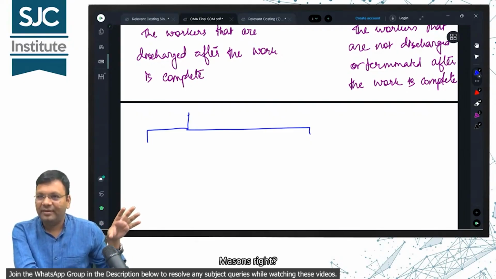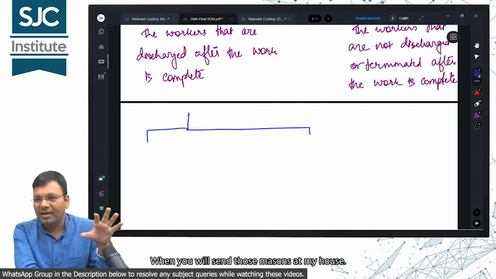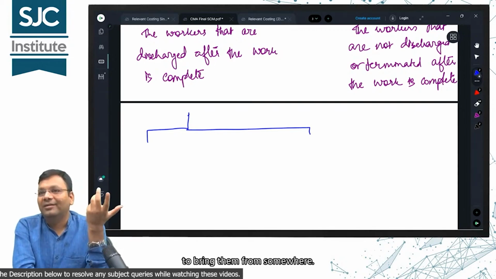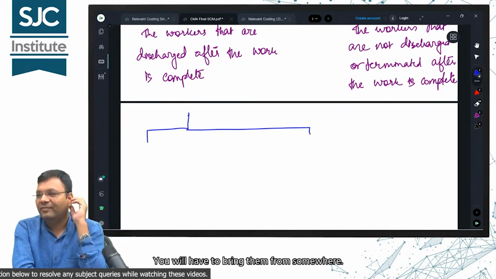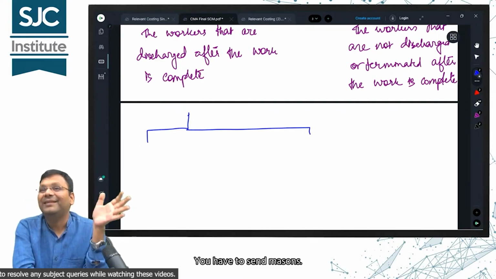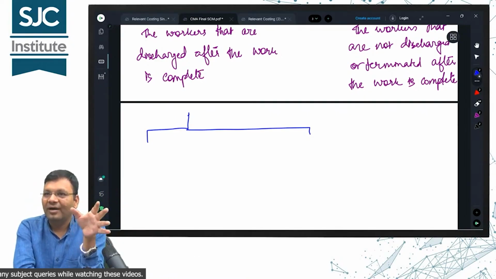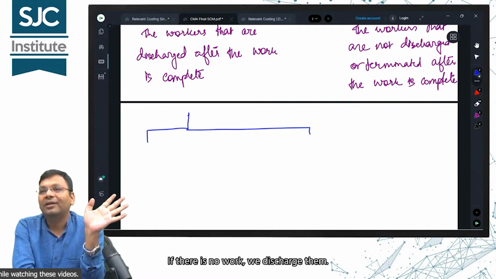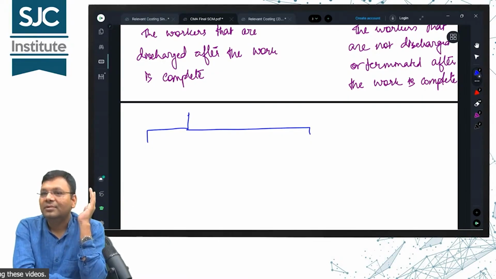When you will send those masons to my house, you will have to bring them from somewhere. You have to send masons. We keep masons when we have work, remember that if there is no work, we discharge them. Okay?